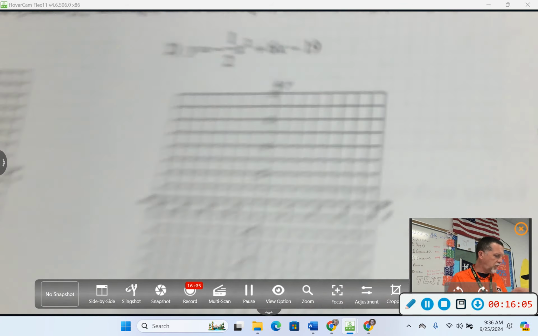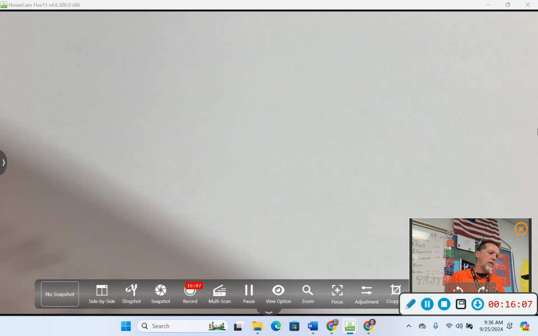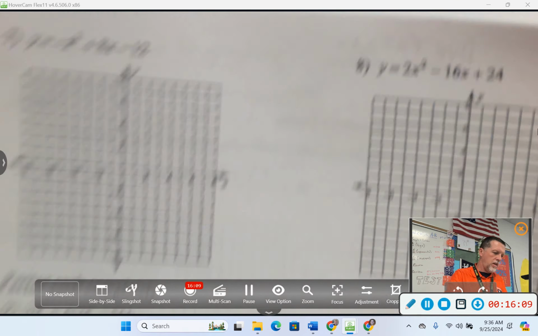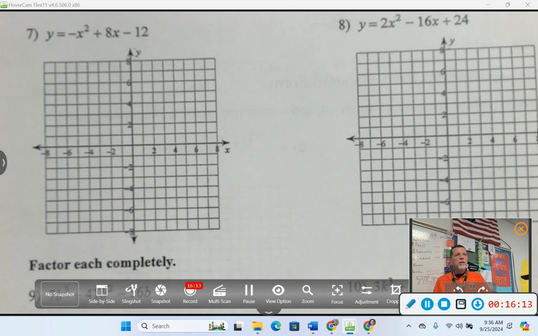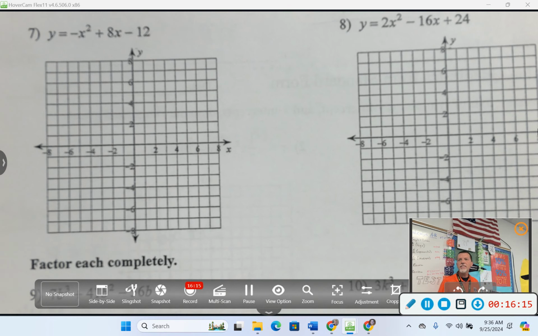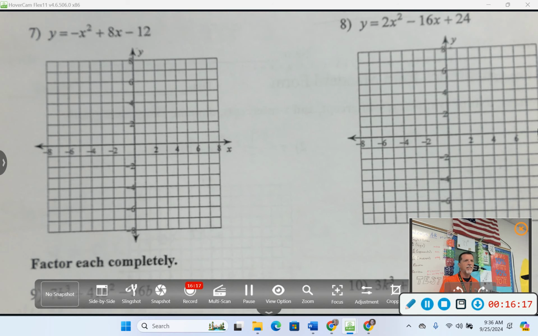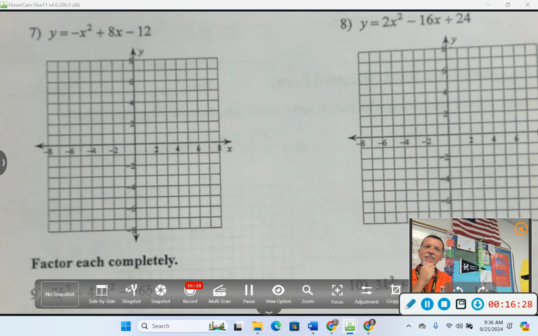Let's look at number 7. Tell me something you notice about 7. What's that? We said something. What about number 7? What makes it different than the one we just did?